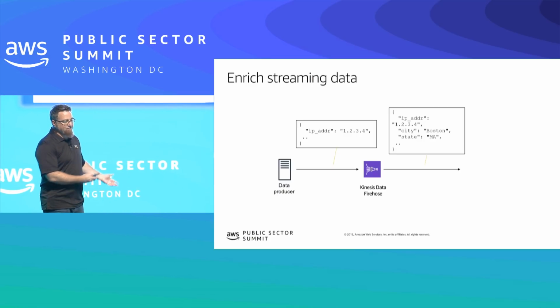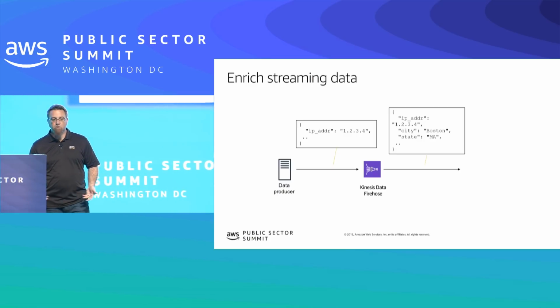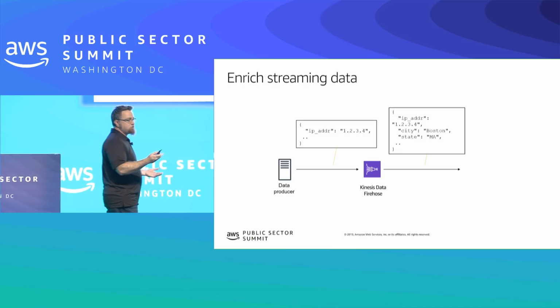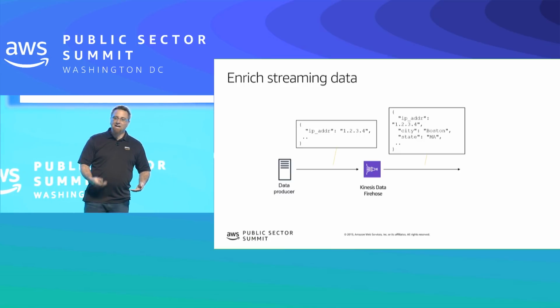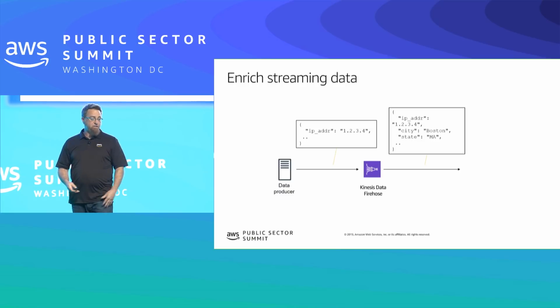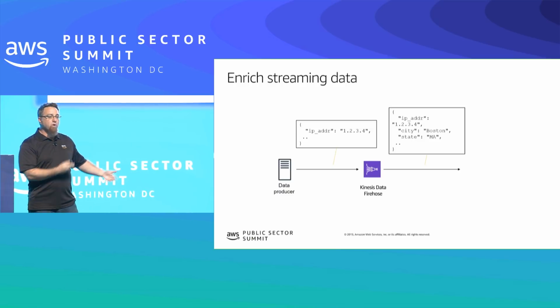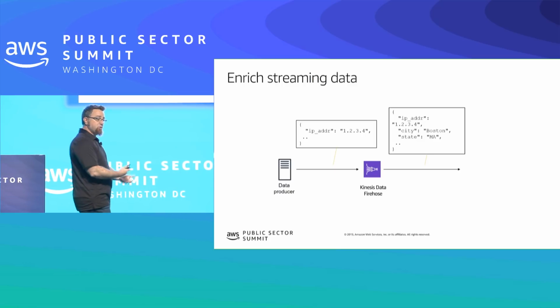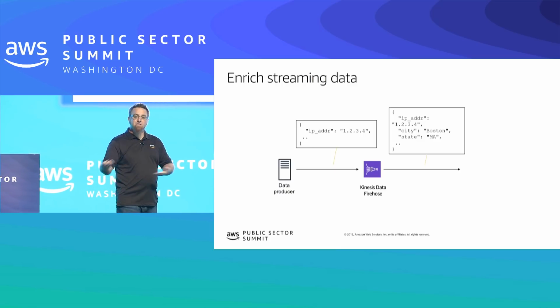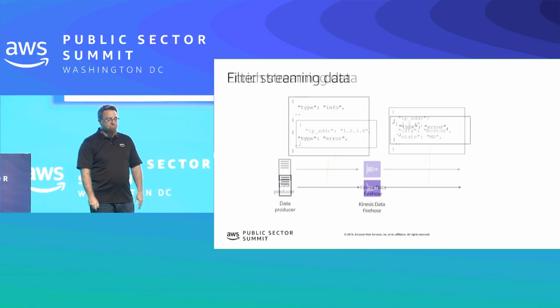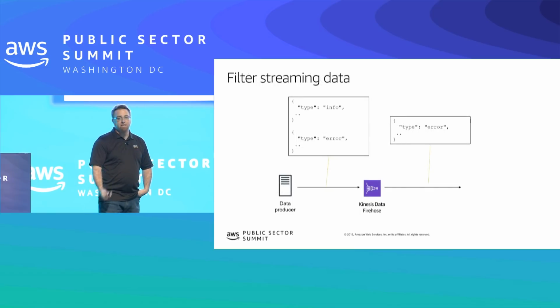In this case, I have raw data coming in that has an IP address in it, and maybe I want to do some geo-IP lookups to add metadata saying it was from Boston, Massachusetts. I can leverage Lambda with Kinesis Data Firehose to enrich that data before it persists to whatever data store I'm using. But I can also filter that data too.